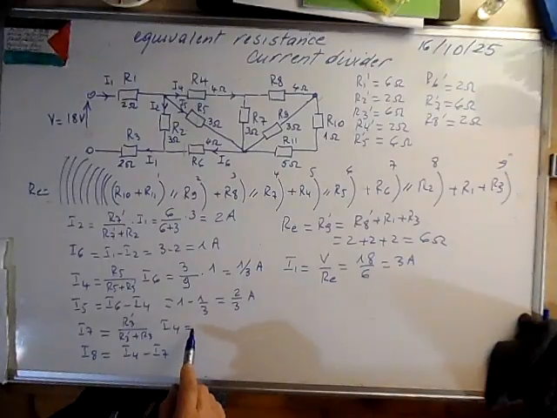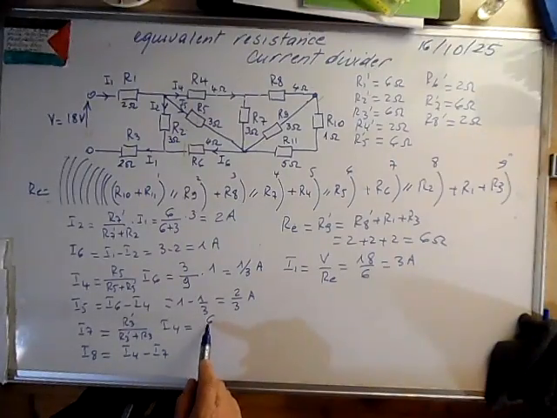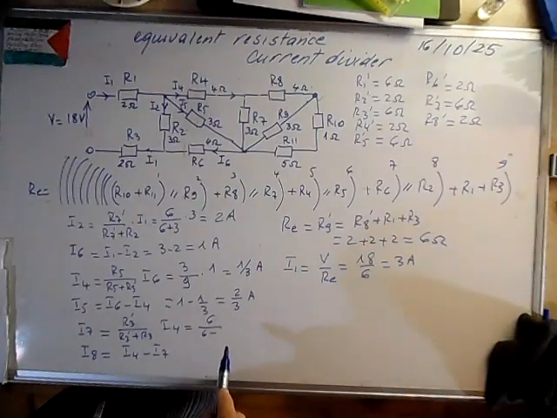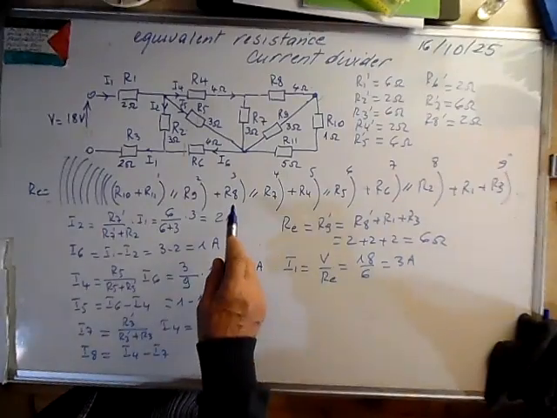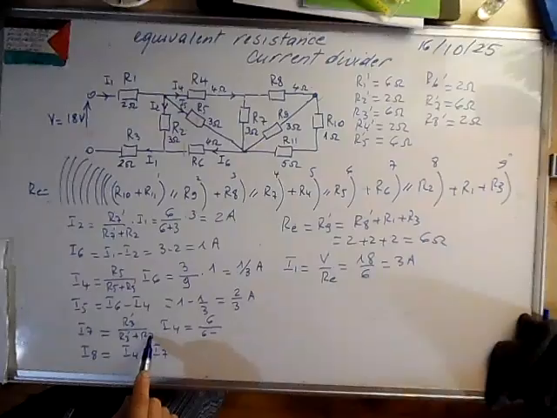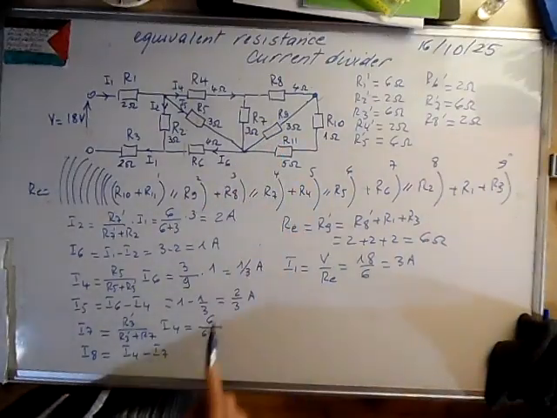So R3 prime is 6 over 6 plus R3. No, R3 prime plus R7, because R7 is in parallel with it.